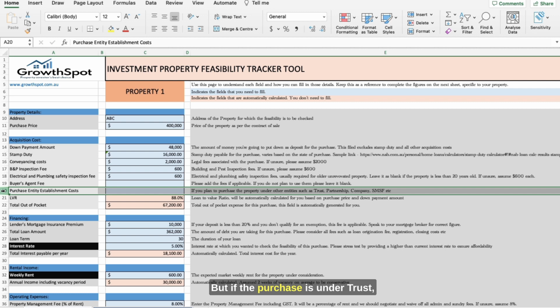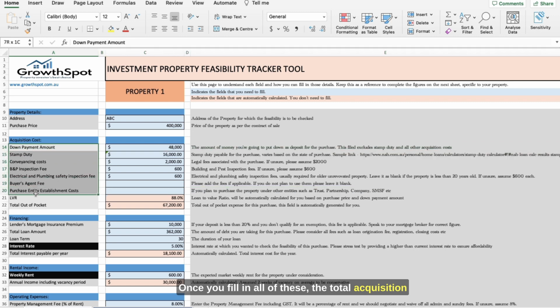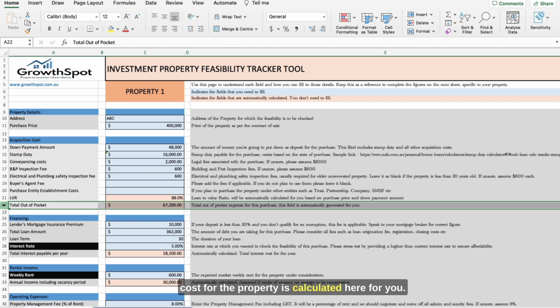But if the purchase is under trust, partnership, company, or SMSF or a combination of entities, there will be an additional cost here. You must speak to your accountant or engage a licensed financial advisor to determine the proper structure based on your needs. Once you fill in all of these, the total acquisition cost for the property is calculated here for you.